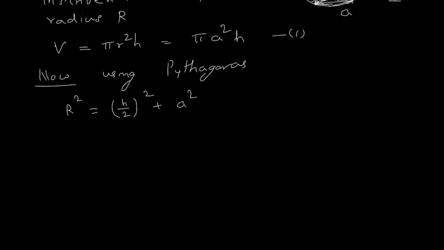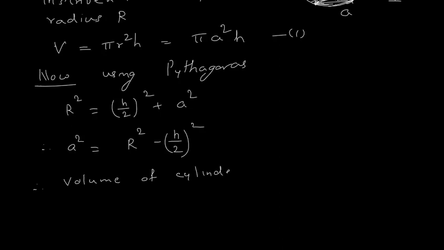Therefore a square is equal to R square minus h upon 2 the whole square. Therefore my volume of cylinder V will become, the formula for V is pi a square h. So in place of a square I will write R square minus h upon 2 the whole square into h.